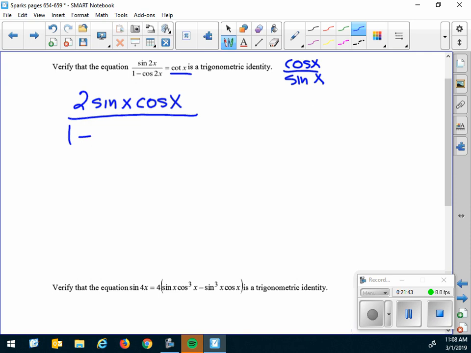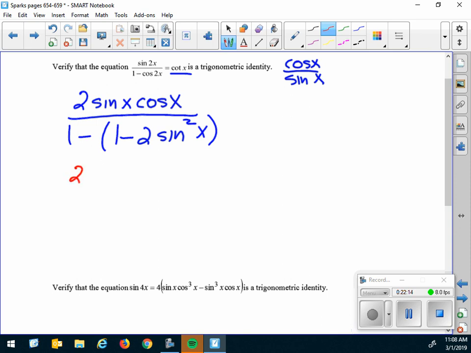Does that help us any? You think you want to use the sine one? The one with just sine in it? Yeah. Let's try it. Cosine of 2x. Now remember this, I'm subtracting it. You did it. That's the right one.